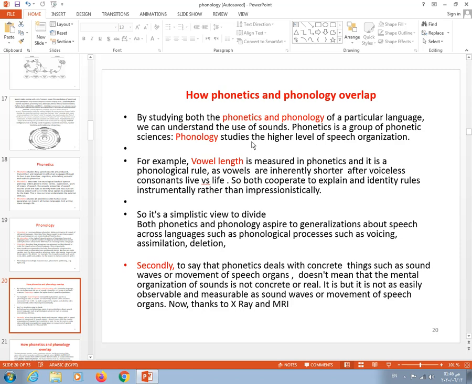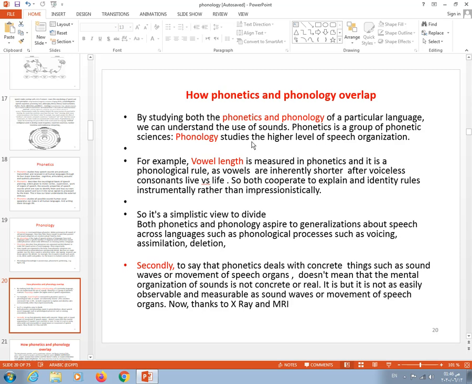Both phonetics and phonology aspire to generalization about speech across languages. Some people say that phonetics is universal and it applies to all languages. This is correct, but phonology also aspires to generalization. Phonological theory addresses phonological processes in all human languages, such as voicing, assimilation, deletion.